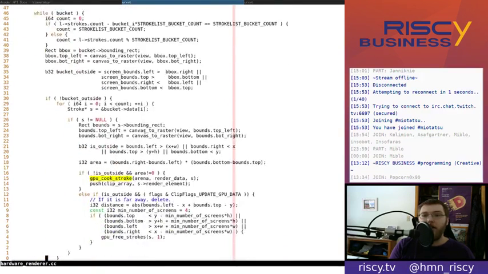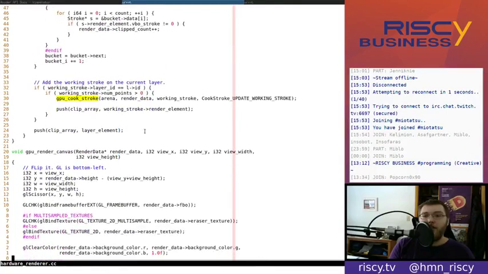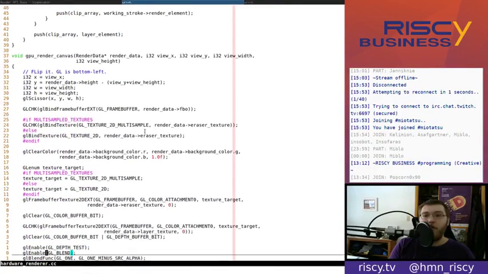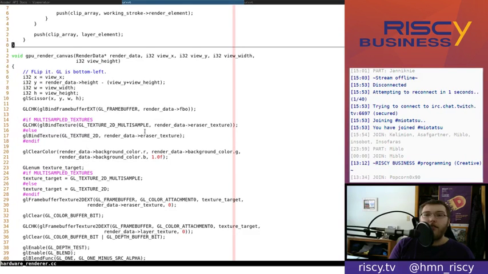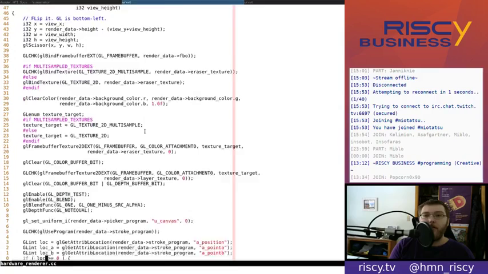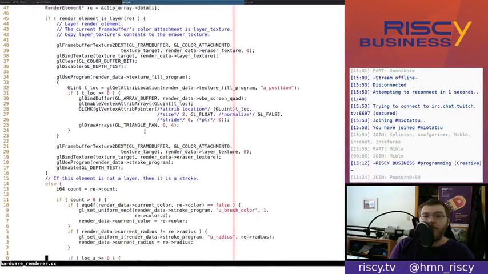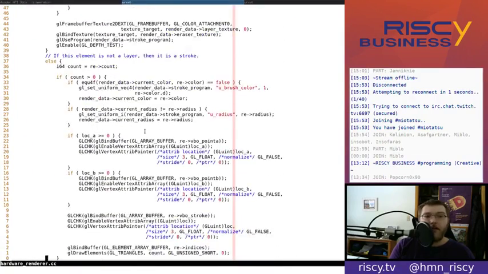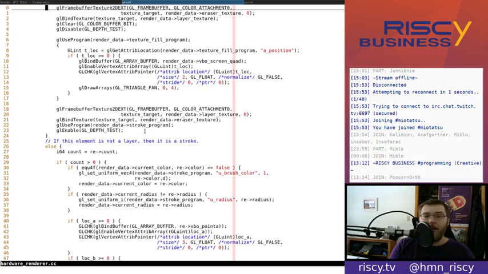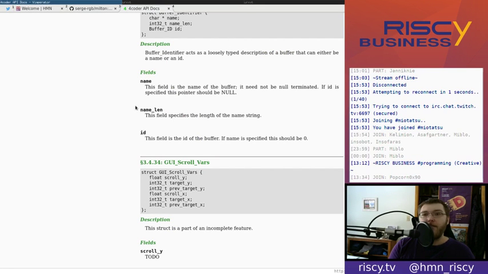So I think we don't want to do that. I think we want to do our work in something like GPU render canvas. One of the GPU render functions is where we're going to be messing around. So I think I want to take a moment now and start actually, let's look some stuff up.